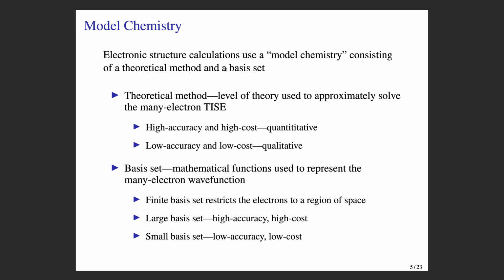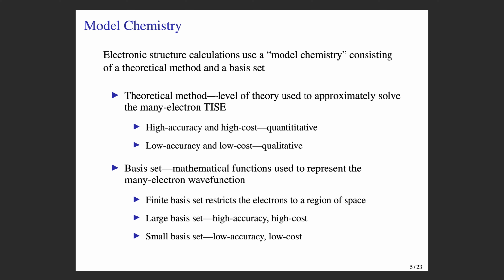And so these basis sets are functions that are designed to look like atomic orbitals. Okay, so think of s orbitals, p orbitals, d orbitals, etc. These have a mathematical description, and that is used within the quantum chemistry calculations to represent the electronic wave function.